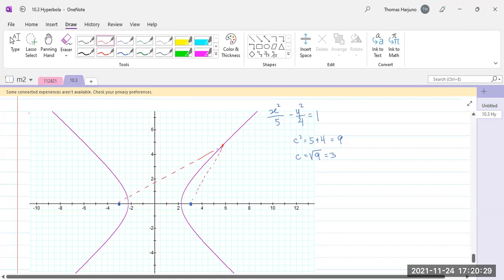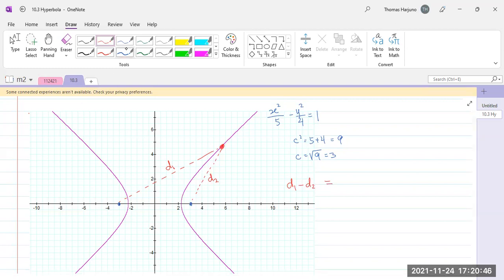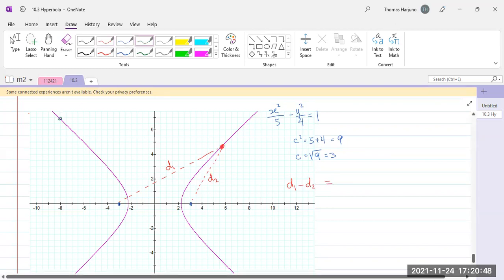Okay, so let's pick this point on the hyperbola. Let's say the distance here is d1 and this is d2. Now you will see d1 minus d2 is equal to, even if you pick a point from, let's say, here, the distance from that point to both of the foci.